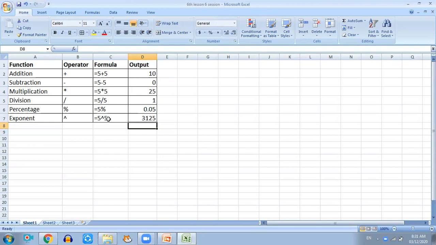So these are the functions: arithmetic operators plus, minus, multiplication, division, and percentage, as well as power, exponents. Keep practicing. Only after practicing can you do it.